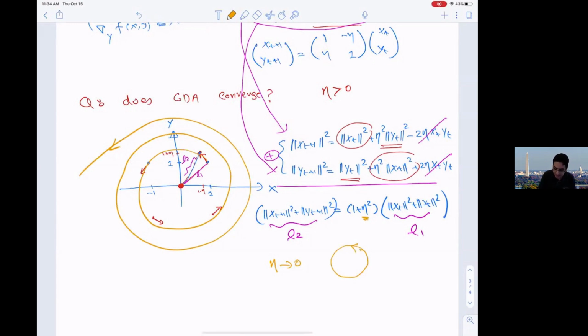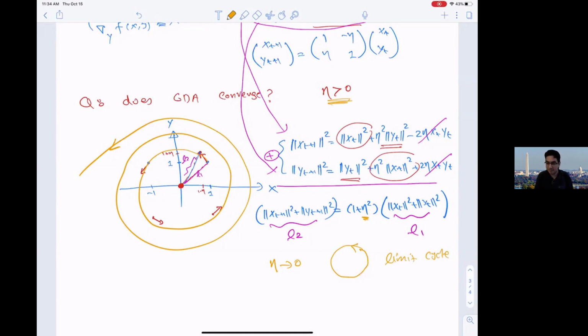But even in that case, you're stuck in a limit cycle, so it doesn't converge. But if your eta is positive, then with a rate of 1 plus eta squared, you're drifting away from the origin, which is the saddle point for this optimization.